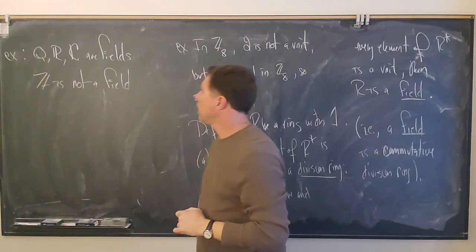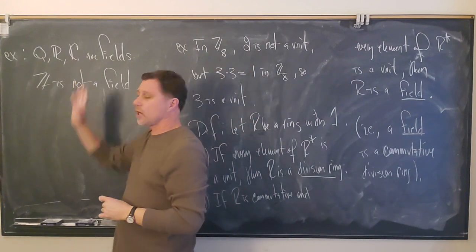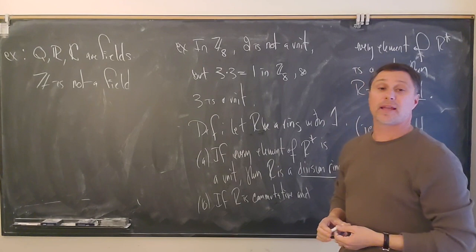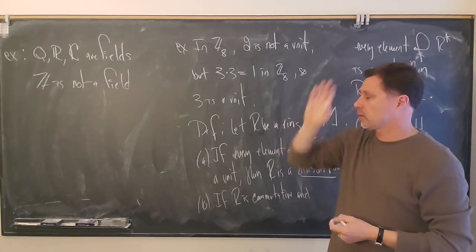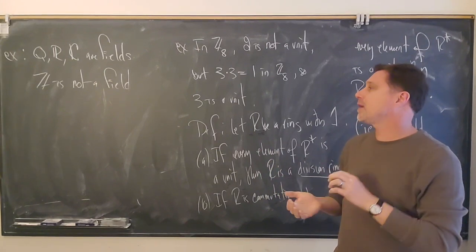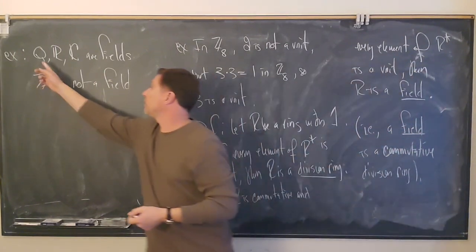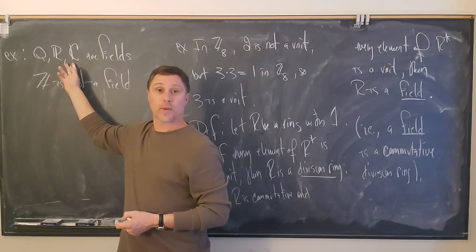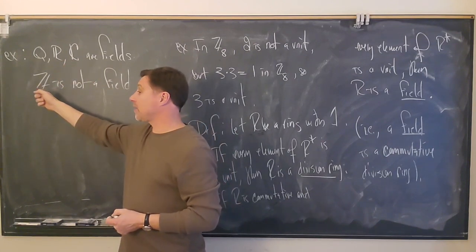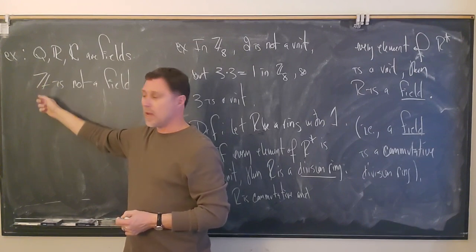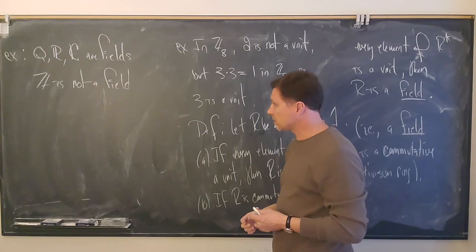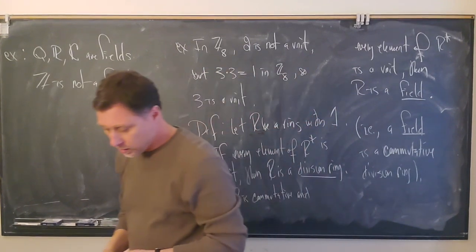So what do we know? Q, R, and C are commutative rings, and every non-zero element of any one of these three has a multiplicative inverse. Just take the reciprocal. However, Z is not a field. It is commutative, but the only units in Z are plus or minus 1. So Z is not a field.